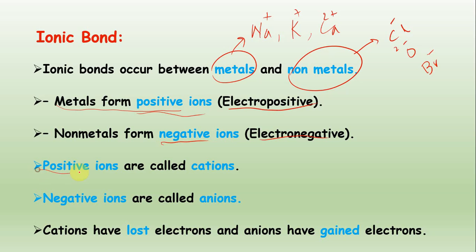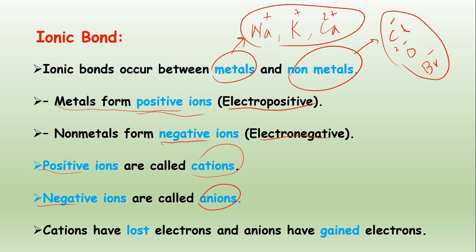Lastly, positive ions are called cations and negative ions are called anions. Anions are always non-metals, and metals form cations.